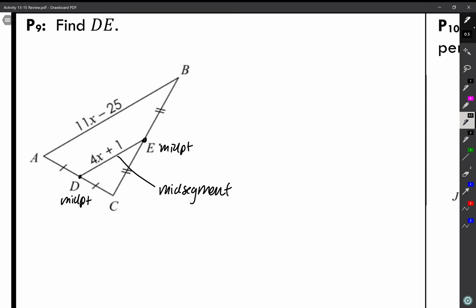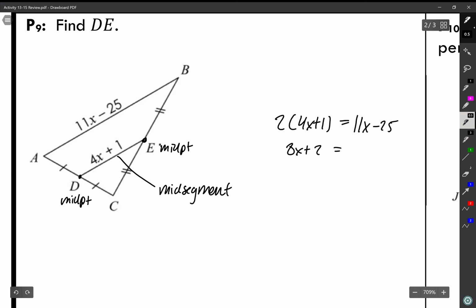DE, the mid-segment, is half of whatever AB is because it's the third side. So I can say that 2 times DE, which is 4x plus 1, is equal to the third side, which is 11x minus 25. So 8x plus 2 is 11x minus 25.